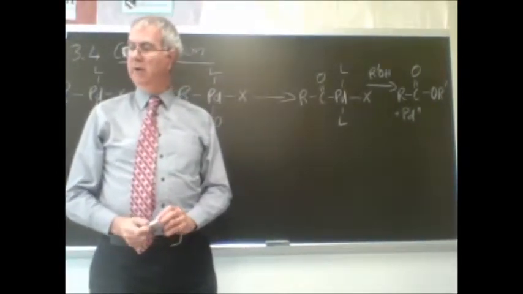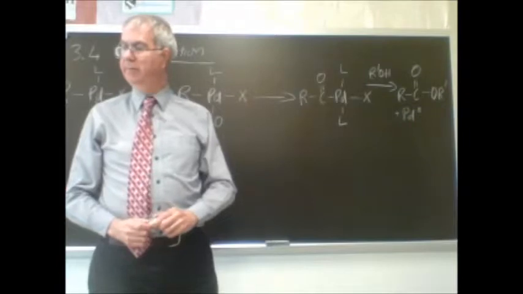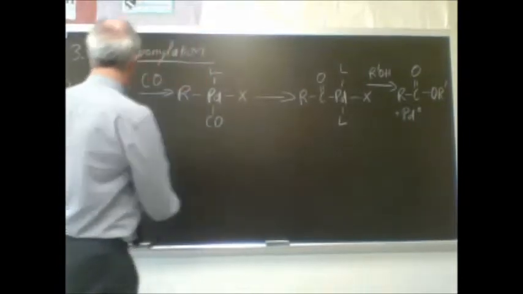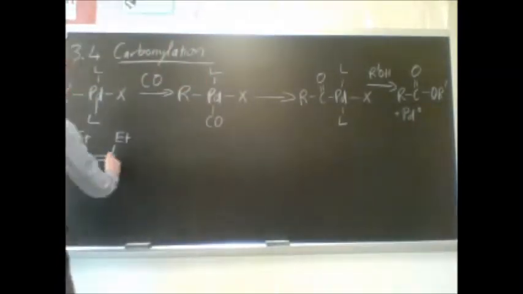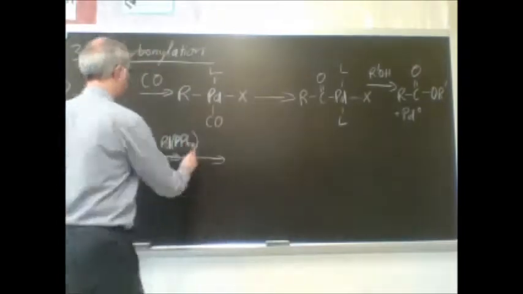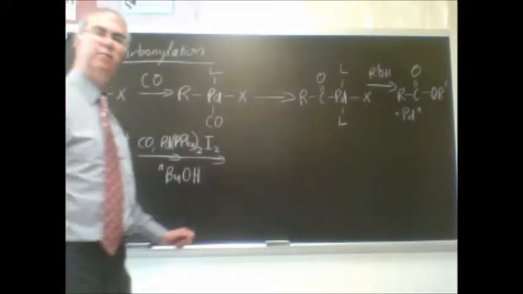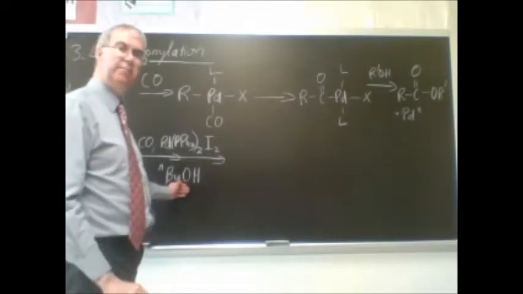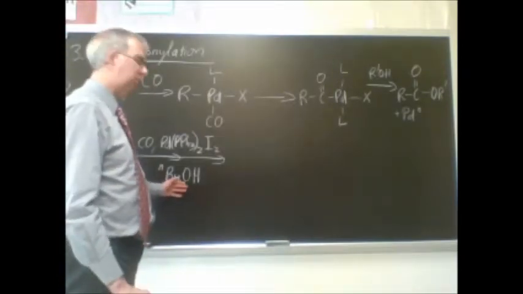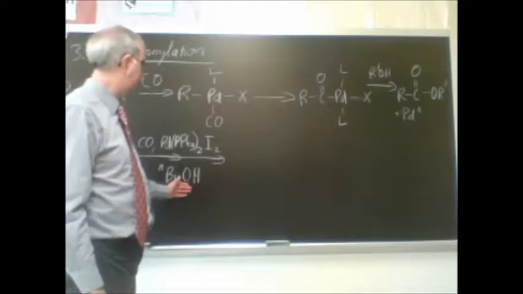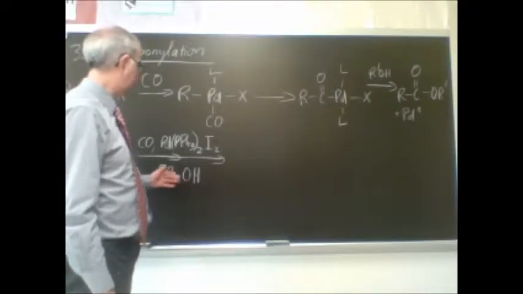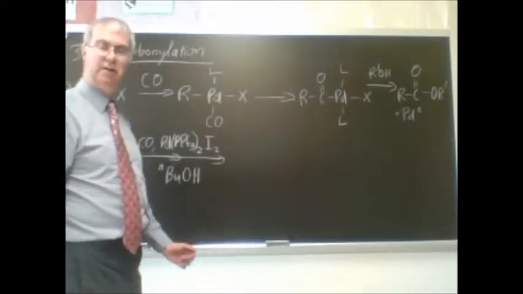So an example of this would be something like this. If we run the reaction in n-butanol, that will react with the acyl palladium complex as it forms and give us the ester product.